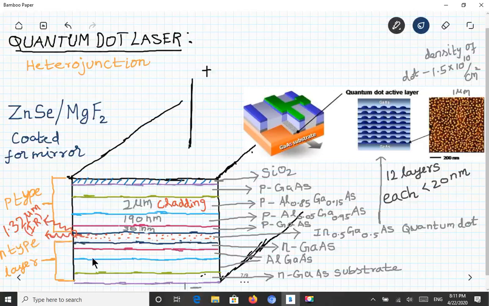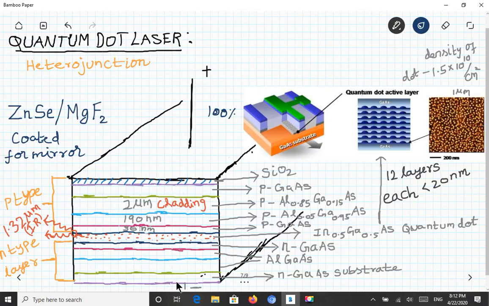You can take it as a partially reflected surface, which is of mirror finish, made by this magnesium fluoride coated mirror of partial reflection and full reflection. Here we can say 100% reflection at the back side, and here only partial, 80% or 90% reflection.